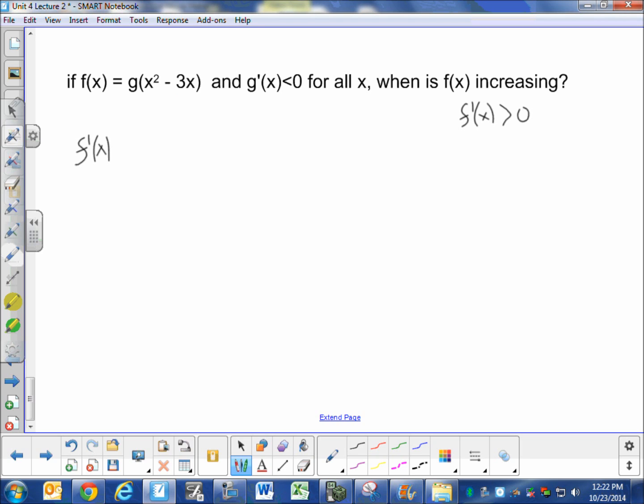Now, when I'm taking the derivative of this thing right here, we have to understand it's a composition. It's g of some stuff, and then x squared minus 3x. So when I take the derivative of this, it would be g prime of this stuff times the derivative of the stuff.